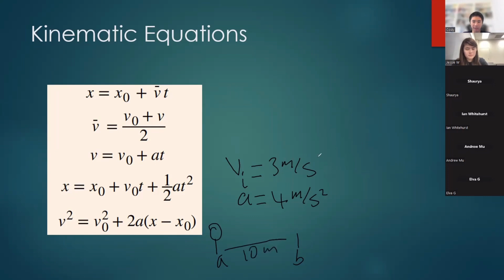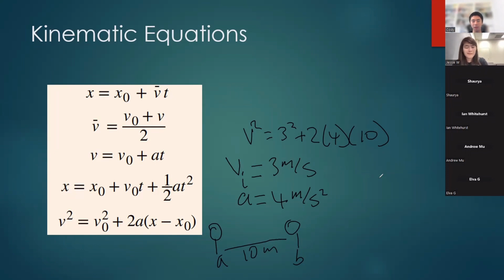If you want to find the velocity of the ball when it gets to point B, then you would use this last equation. So the velocity squared is equal to 3 squared plus 2 times acceleration times the distance. You could plug it into a calculator or something, because the numbers aren't exactly round, I don't think.